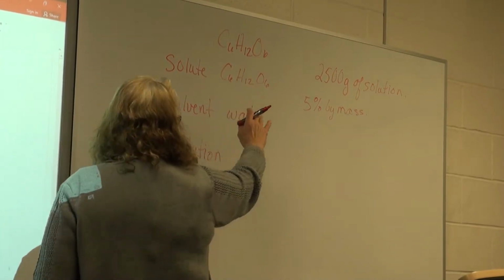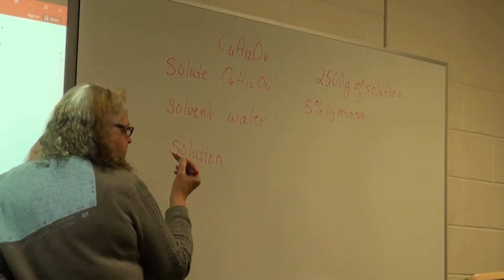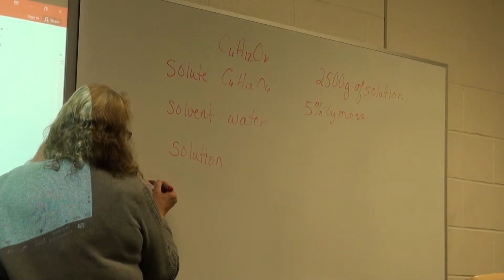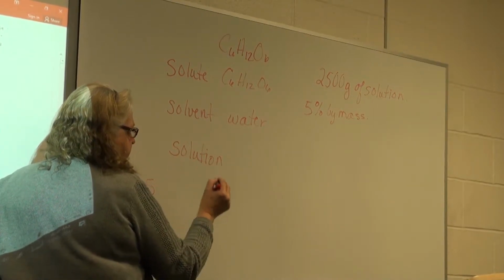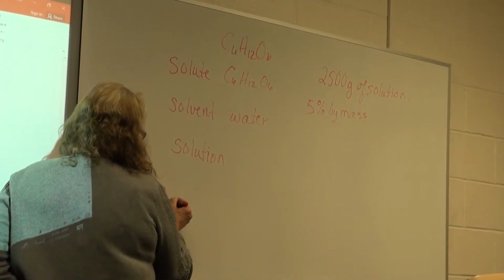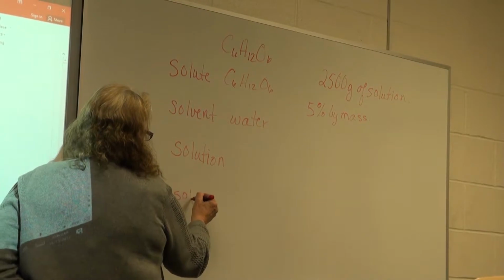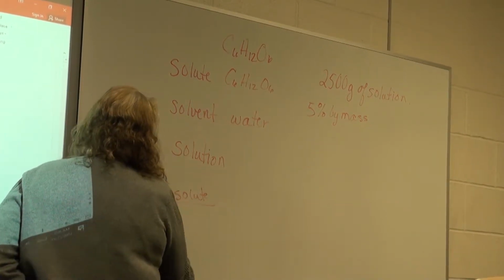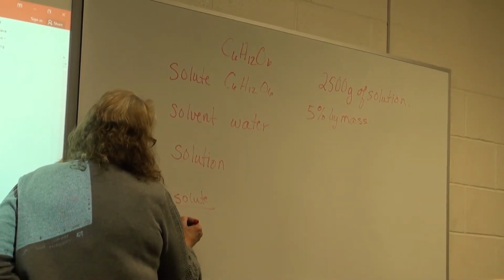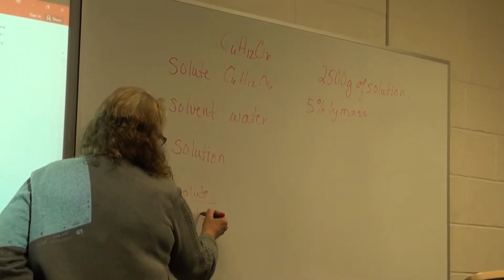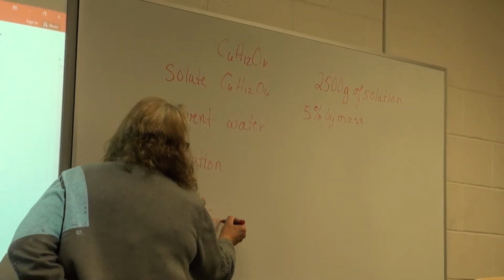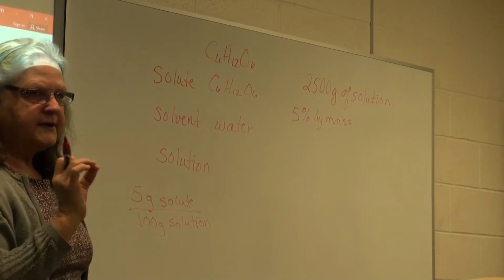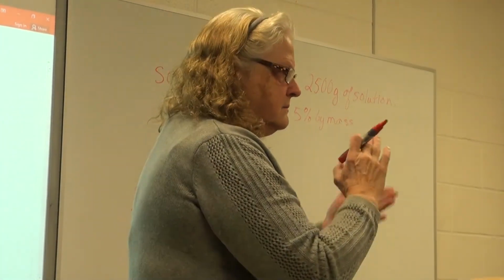So when you look at this 5% by mass, this is what I was trying to get you guys to think about right before you left the other day. If it's 5%, that means 5 grams of solute for 100 grams of solution. You need to know the definitions of these different terms.